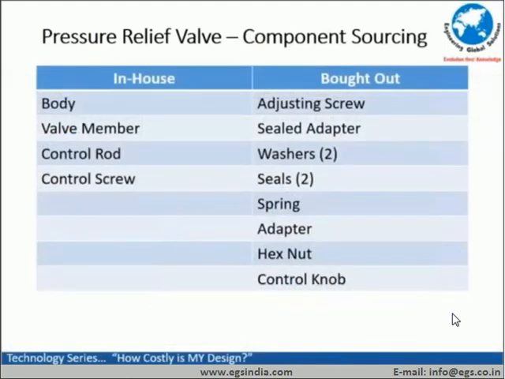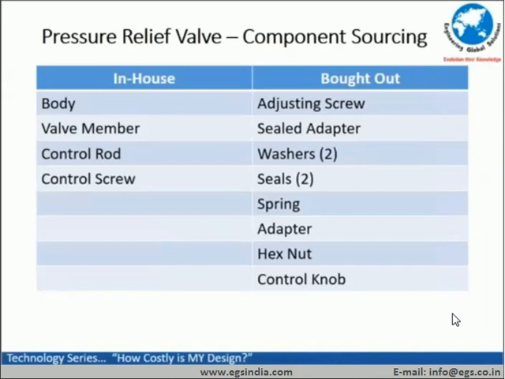We are looking at how these components are going to be sourced or whether they are going to be built in-house. The decision is to evaluate the cost. As shown on the left-hand side, the body is going to be manufactured in-house. The valve member is going to be manufactured in-house. The control rod and the control screw, which are vital characteristics determining the pressure characteristics of the system, are going to be in-house.